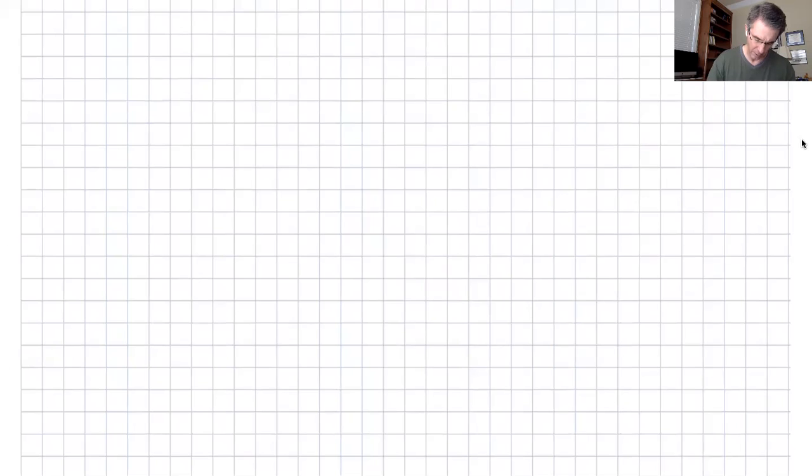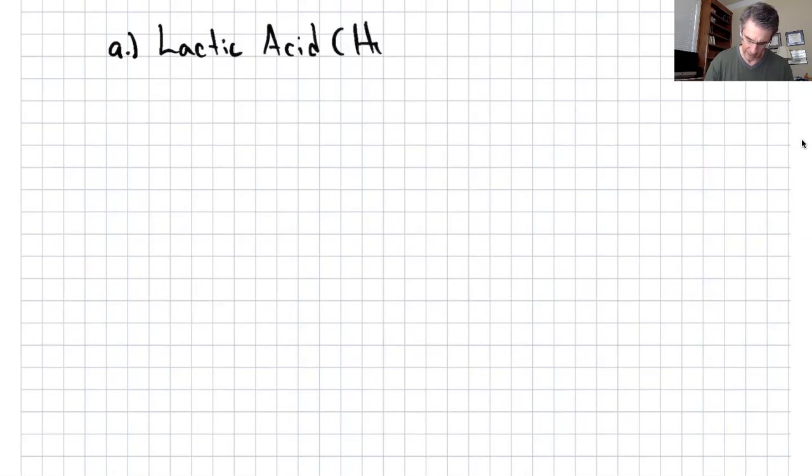One is a reaction that's super relevant for our own physiology, so-called lactic acid, also known as homolactic fermentation.